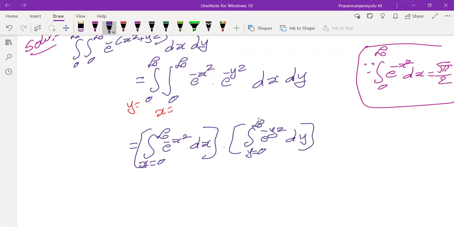Now, how did we get this formula? From which topic of mathematics did we learn it? I am writing this one from gamma functions.